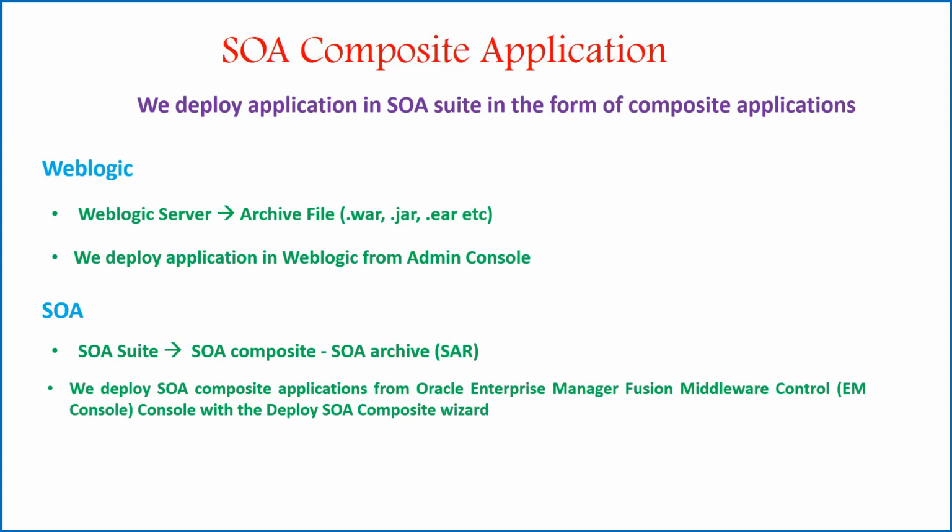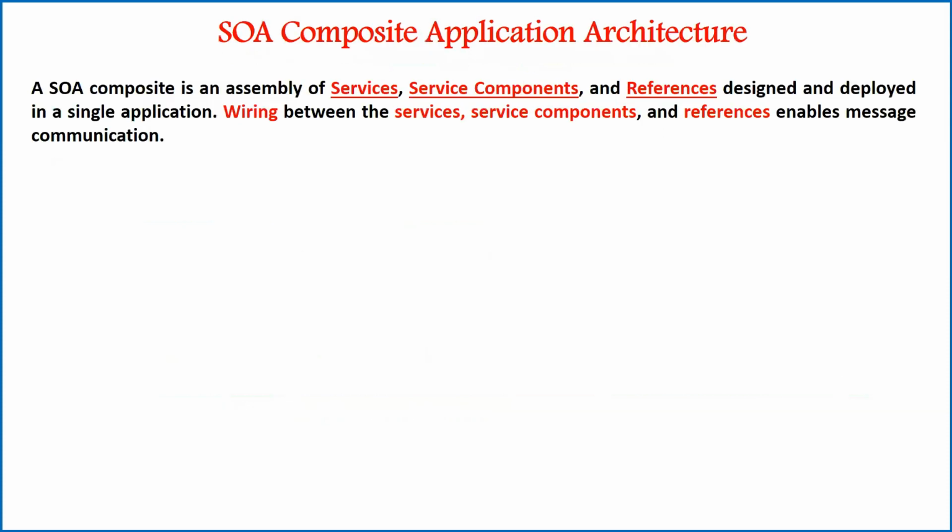When we install SOA along with the Fusion Middleware Infrastructure installer, it comes with a separate component called Enterprise Manager, which is now also called Fusion Middleware Control. By accessing that console, we can deploy the SOA composite application. So this is the difference between WebLogic and SOA. In WebLogic, we have different archive files in the form of war, jar, and ear, which we deploy from the admin console. But in SOA, we have a SOA composite, which we deploy from the Enterprise Manager console. This is a very critical part of this lecture.